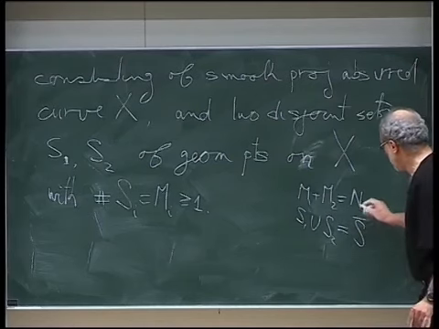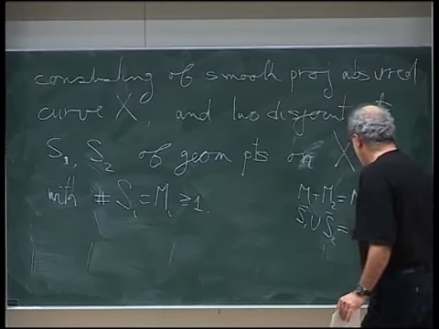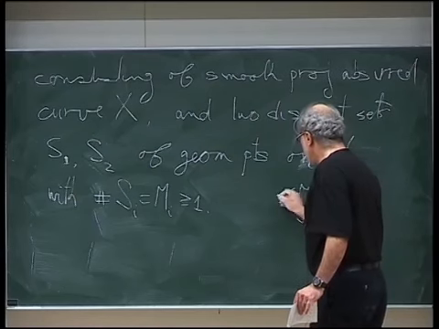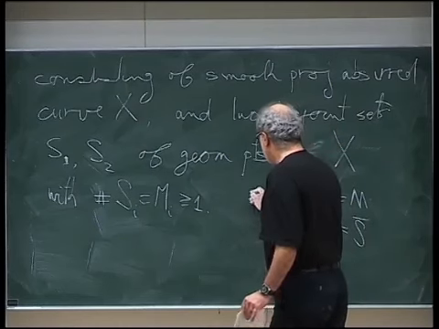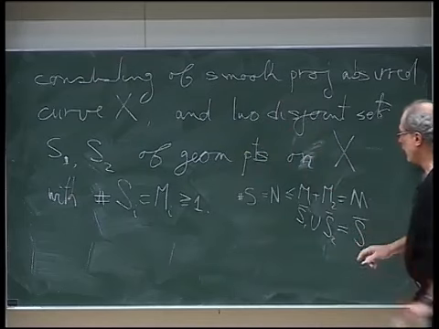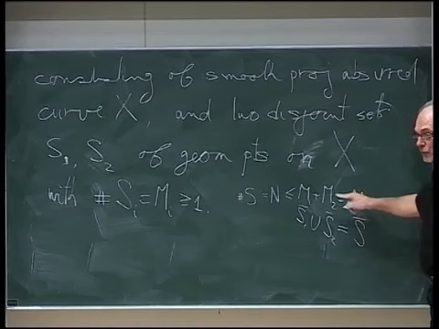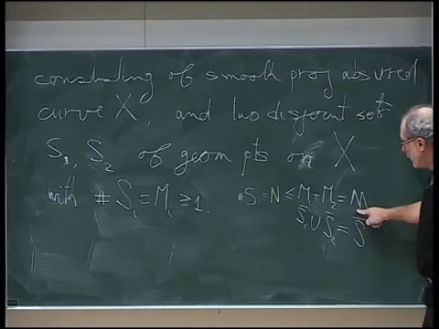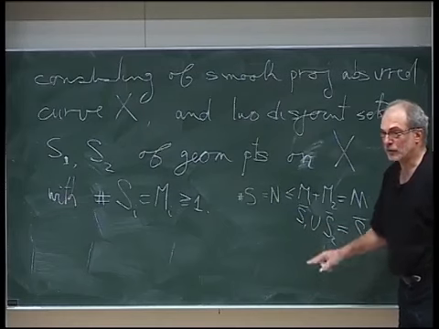We have that geometrically, so the sum will be m, and m is bigger than or equal to n, which is the cardinality of the set S. So I would have m geometric points. I would like to have them coming from two closed points.